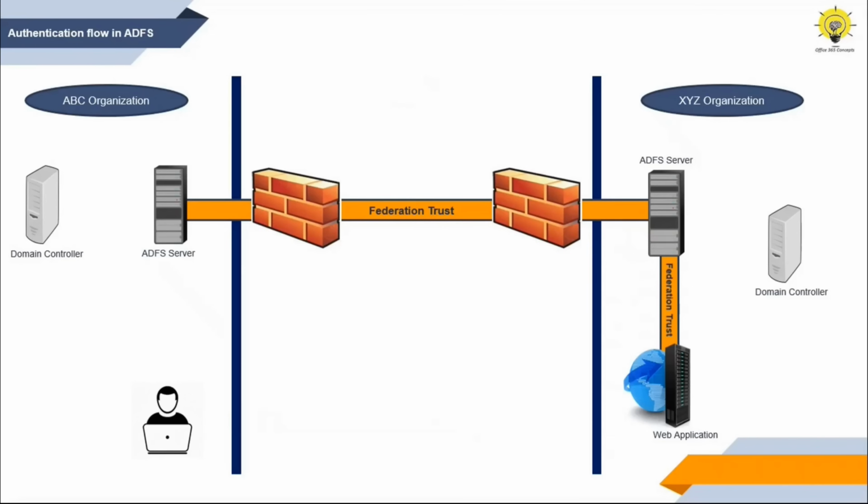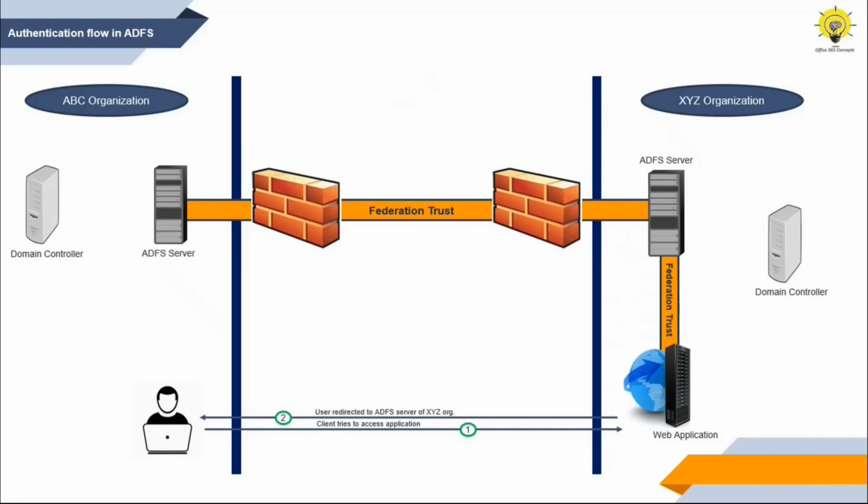So the ADFS server of ABC organization has a relying party trust for this particular application. A user from ABC organization is trying to access an application that is hosted in XYZ organization. When this request goes to the application, it will ask the user to reach the federation server of XYZ organization because the application can't authenticate the user.